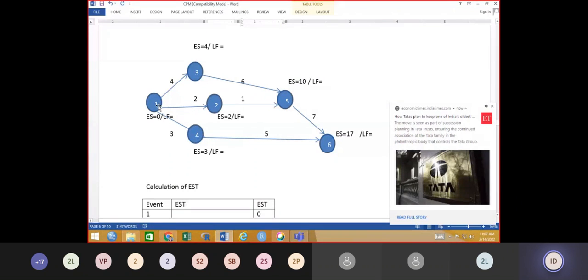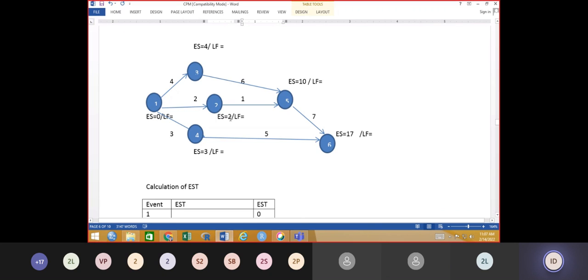Once activity 1 to 2 finishes, only then will activity 2 to 5 take place. Are you getting it or not? That is why the duration of this activity plus 0, the earliest start time, is equal to 2.